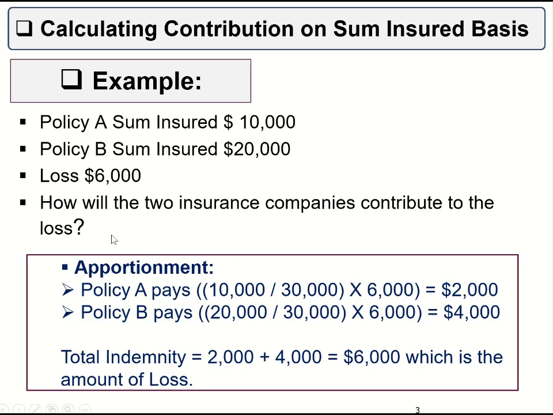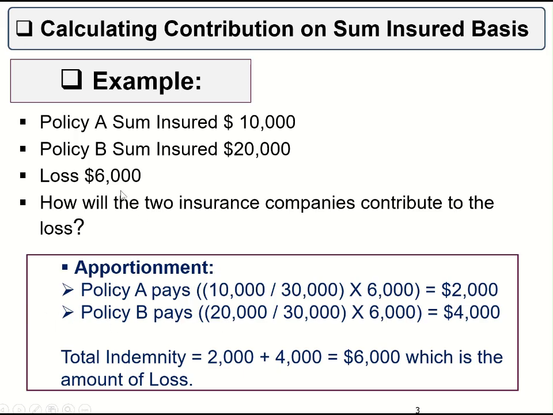In this case, policy A will pay a proportion of the loss equal to its sum insured 10,000 divided by the total sum insured, which is 10,000 plus 20,000, which is 30,000, multiplied by the loss 6,000, which equals $2,000.